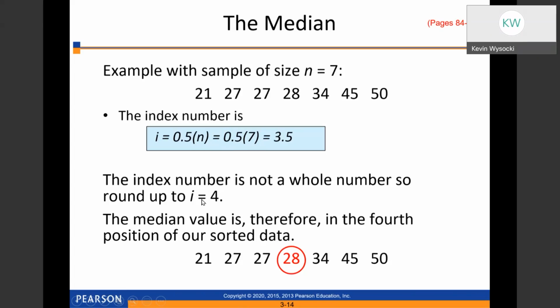That tells you that the median is in the 4th position, starting with the smallest being position 1, position 2, 3, and 4. With an odd set, the median is really easy to find because it's your middlemost value. For the median, there's 3 values below 28 and 3 values above 28. So that's why 28 would be your median.